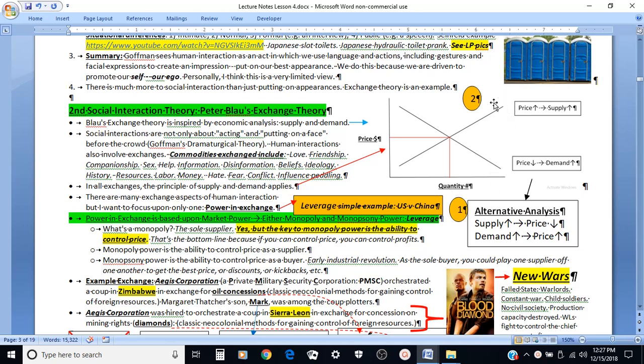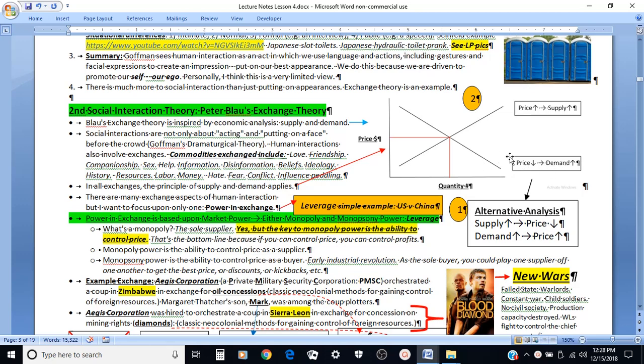The classic way of analyzing this begins with price as a causal factor. So as price goes up, the supply goes up because more people want to supply it because you make a lot of money for it. As price goes down, then demand goes up because the cheaper it is, more people want it.